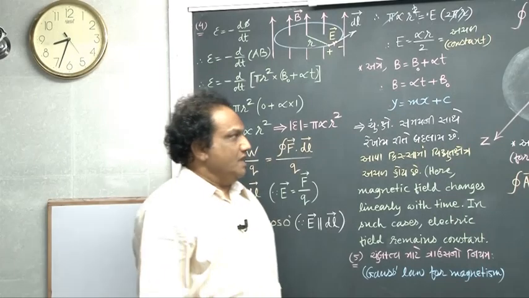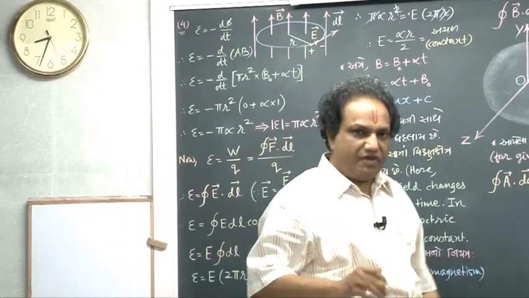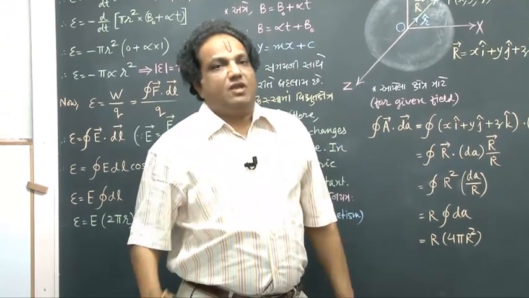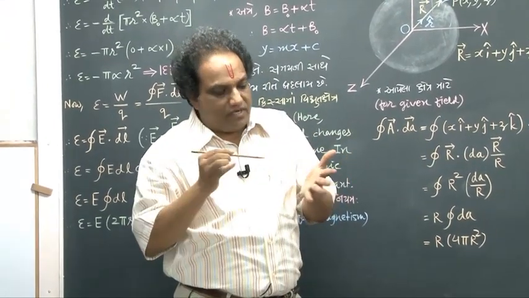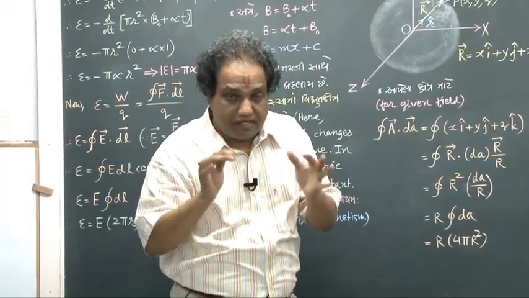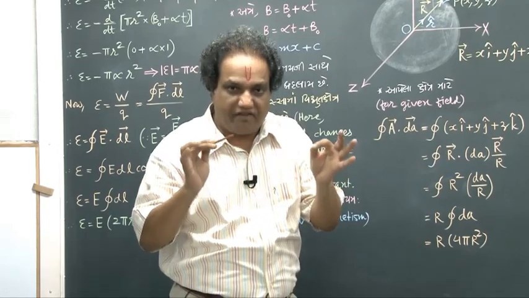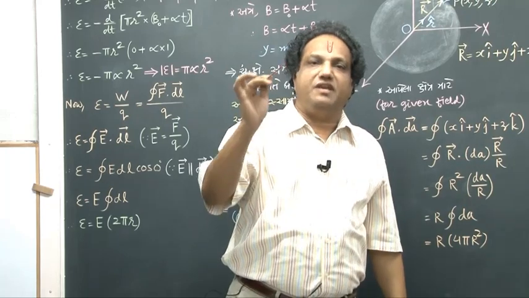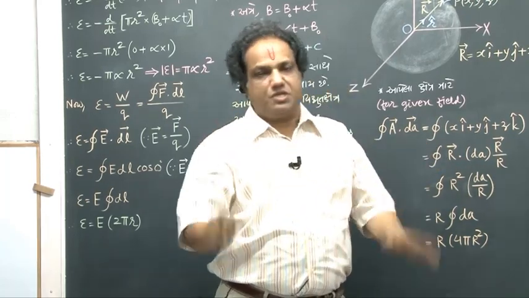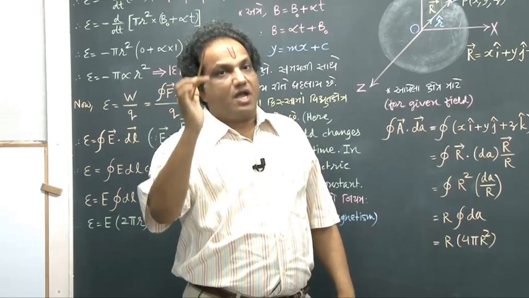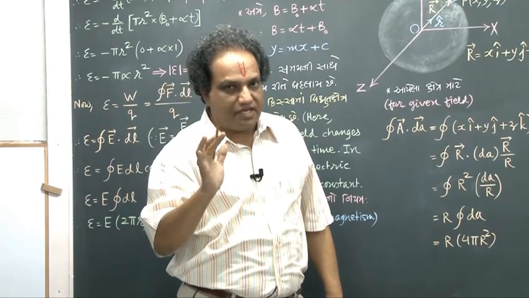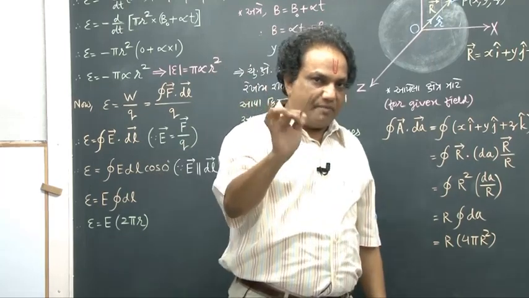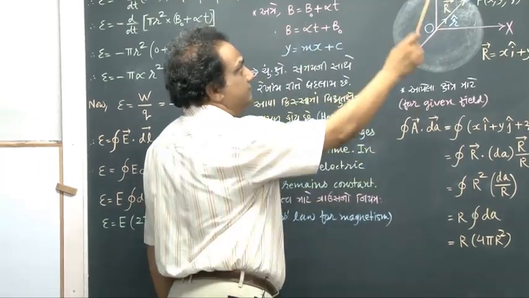Look, here we are given one vector field, and we are asked to find out whether the given vector field indicates a magnetic field or not. We have to check whether the given vector field is a magnetic field or not. Just recall Gauss law for magnetism, which you studied in semester number 3. The mathematical form was this. Look here.